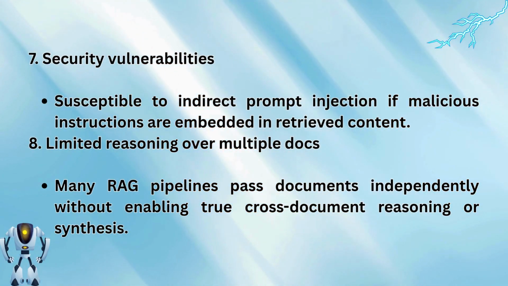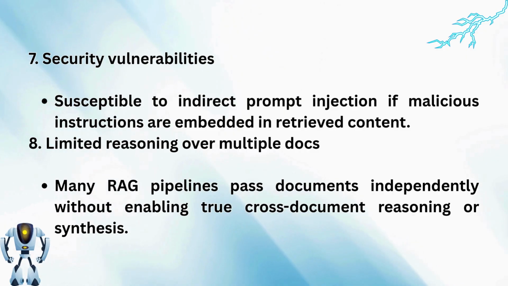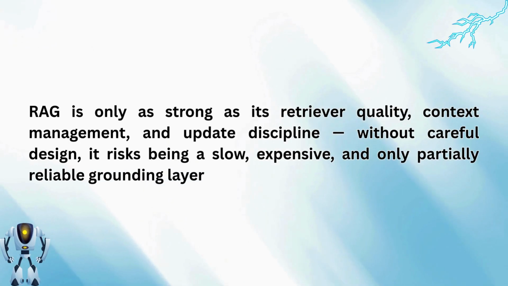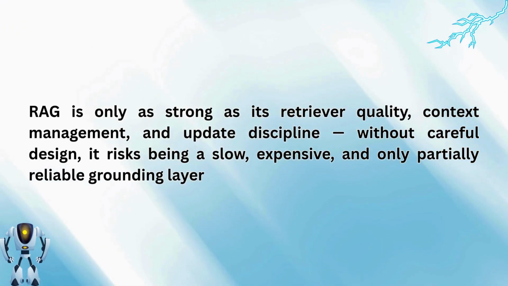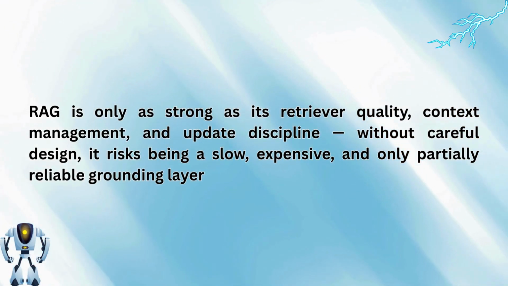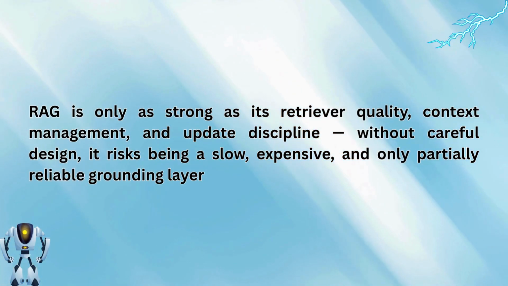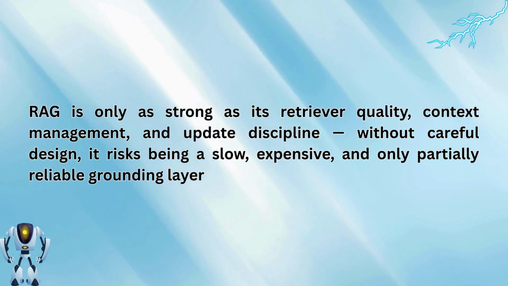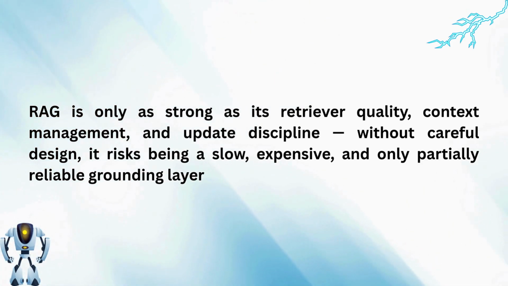Many RAG pipelines pass documents independently without enabling true cross-document reasoning or synthesis. In short, RAG is only as strong as its retriever quality, context management, and update discipline. Without careful design, it risks being a slow, expensive, and only partially reliable grounding layer.